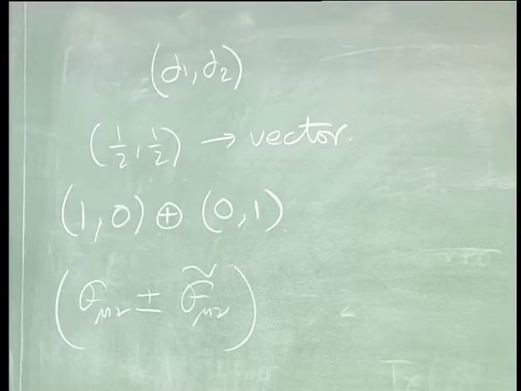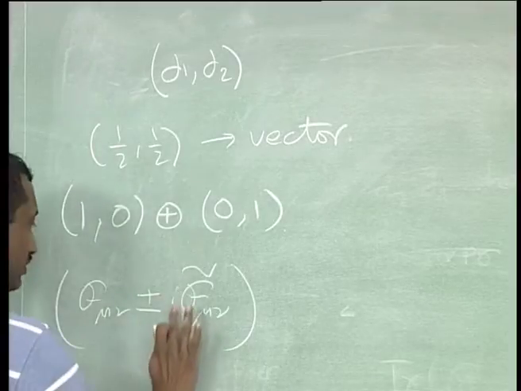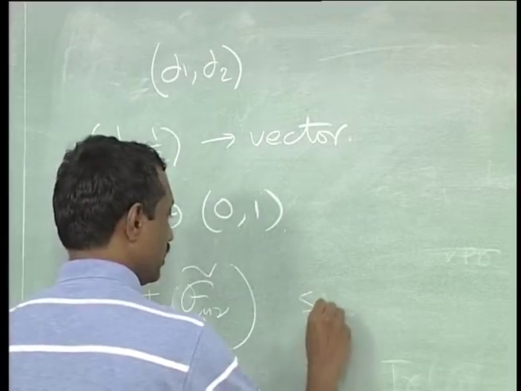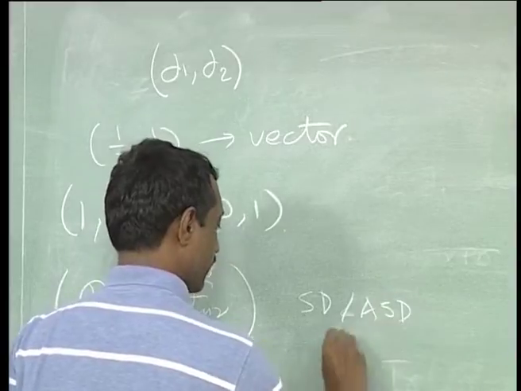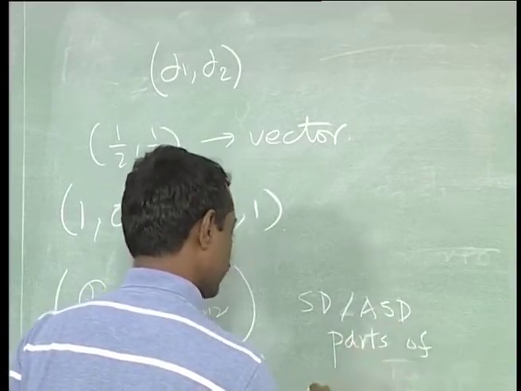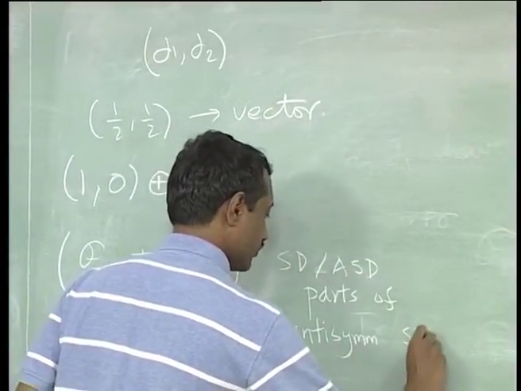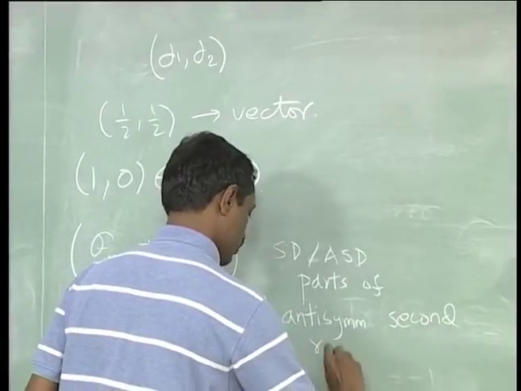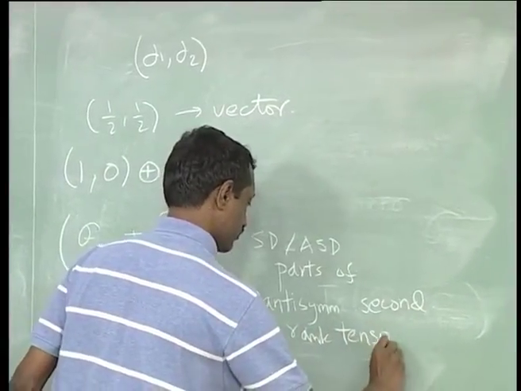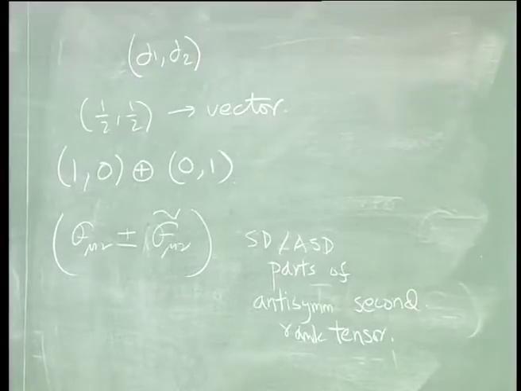You can do this even in Minkowski space, except you have to put an i, because star square was minus 1, so its eigenvalues are plus or minus i. So these are the self dual and anti self dual parts of any antisymmetric second rank tensor. Are there any questions?